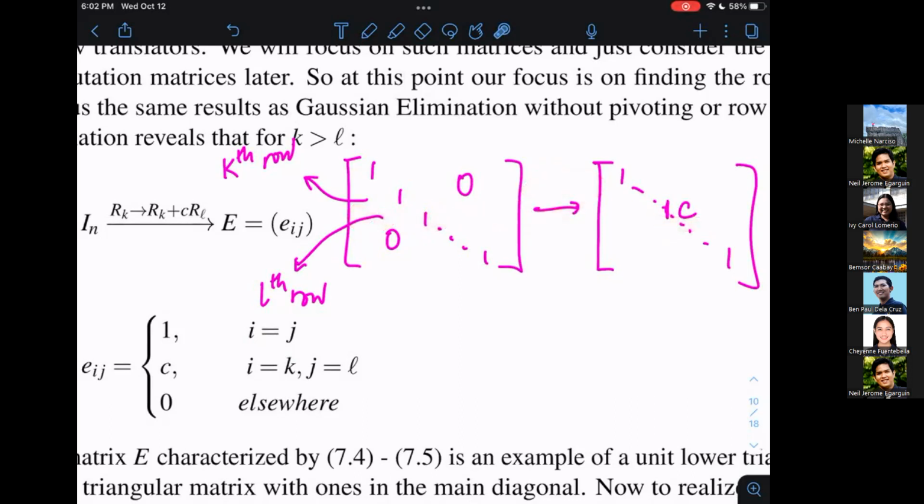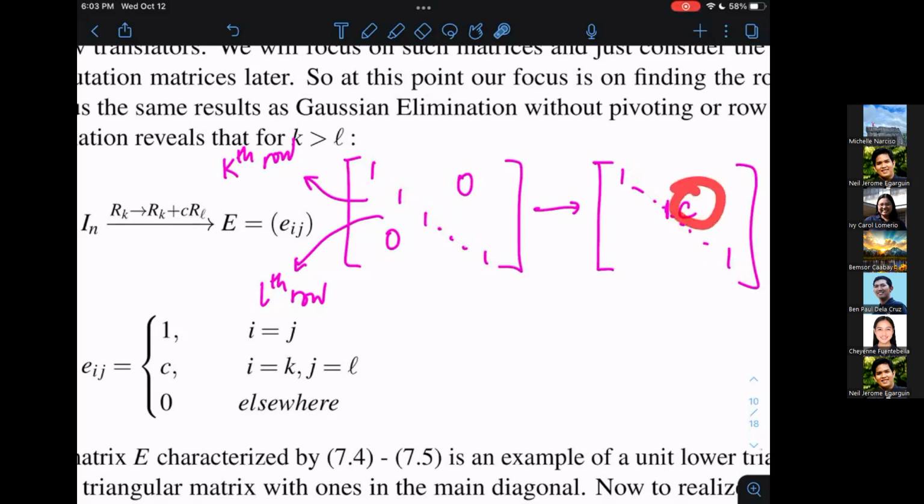So every row translator only alters exactly one entry in the identity matrix. And that's more than that. It alters only one off-diagonal entry. Kasi yung elementary matrix para sa row translator ay may diagonal pa rin na 1, kasi hindi nababago ng row translators yung diagonal entries, right?